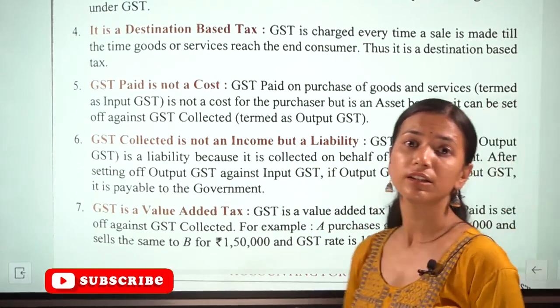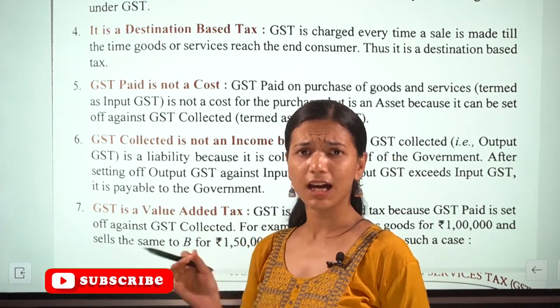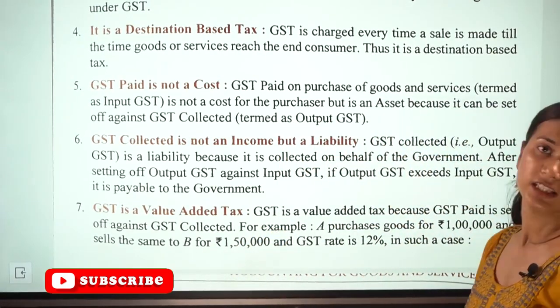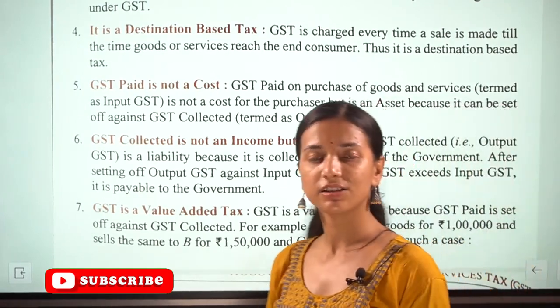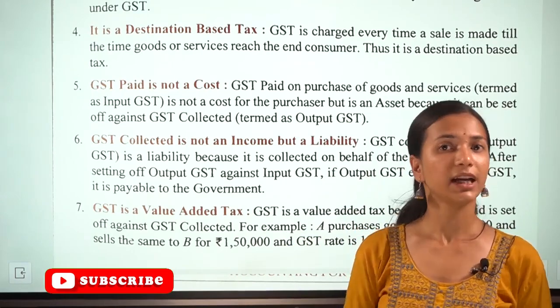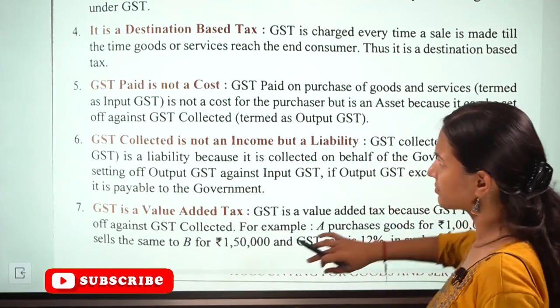That means the person who is using the product will be liable to pay the GST. So thus it is a destination based tax, because the last person that will be getting the product will be paying the GST.